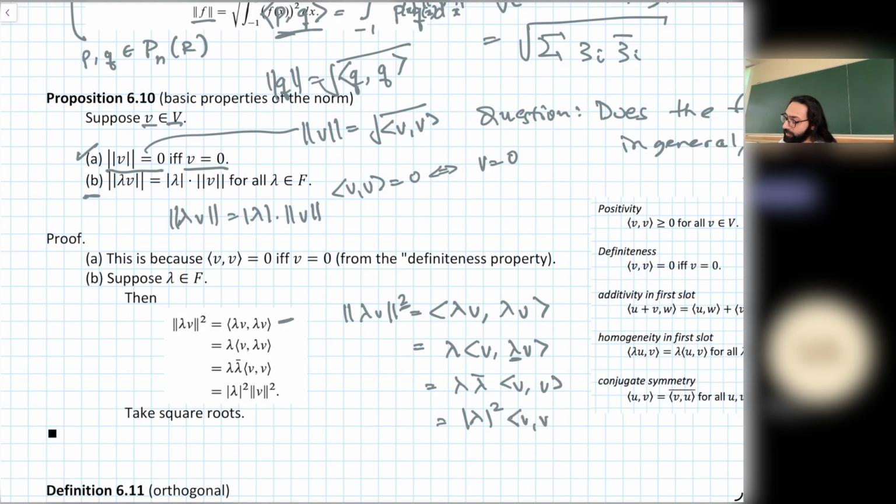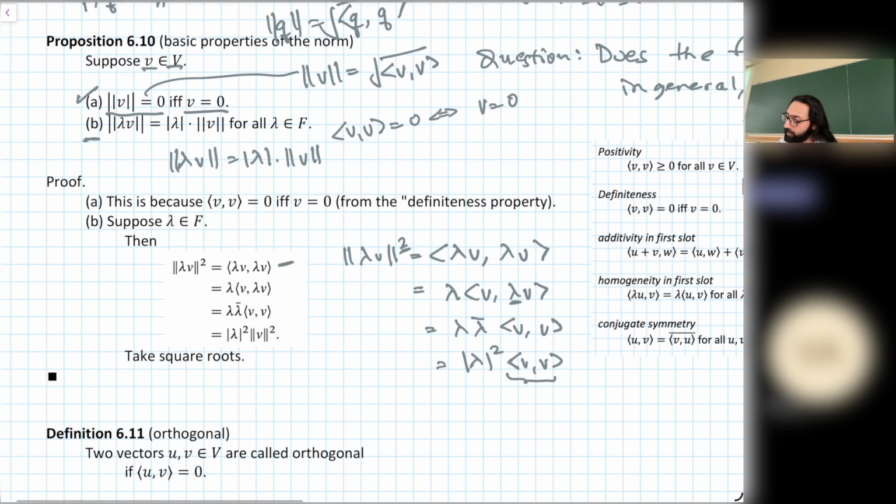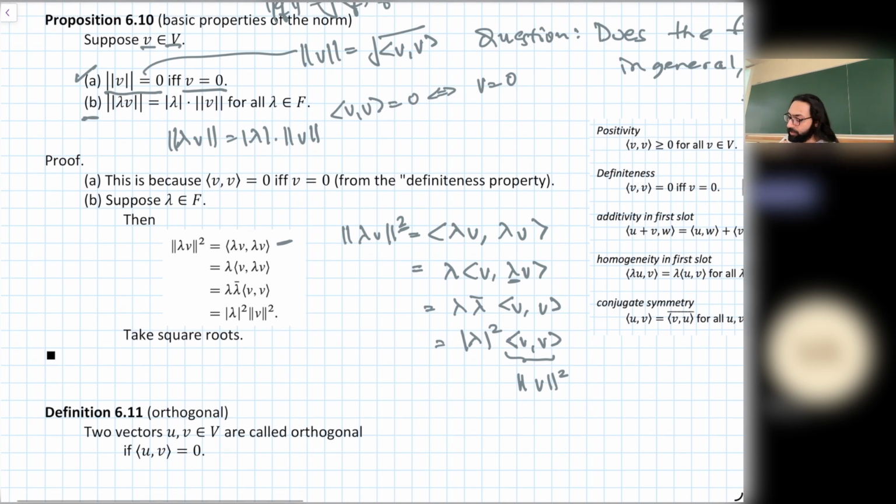And then we are left with the norm of the vector squared. So we get the claimed result. You have the square here, you have both terms squared, so you get the norm of lambda V is the same as the absolute value of lambda times the norm of V. Is that right?